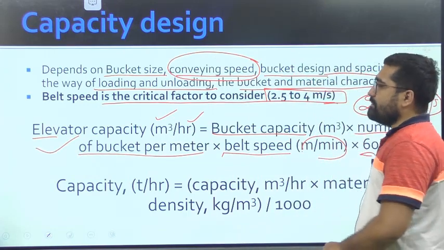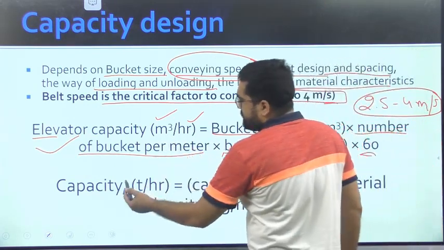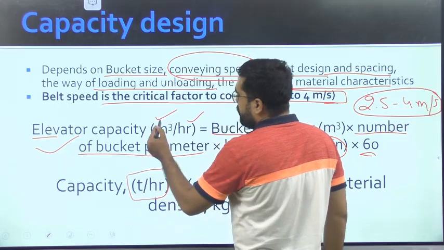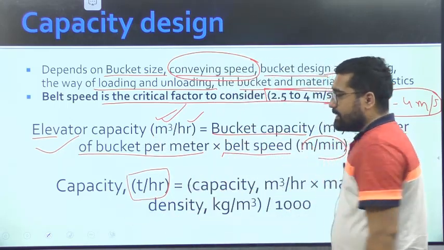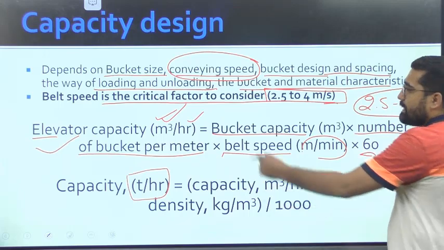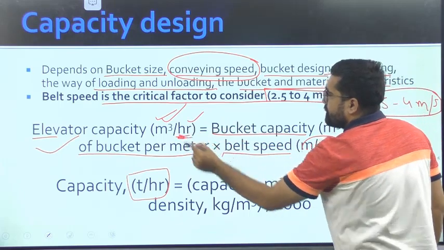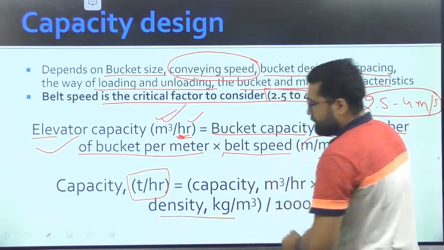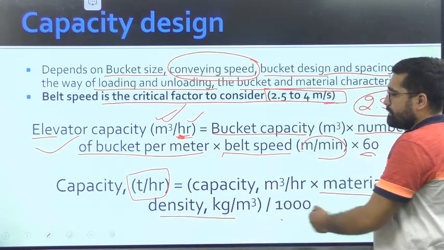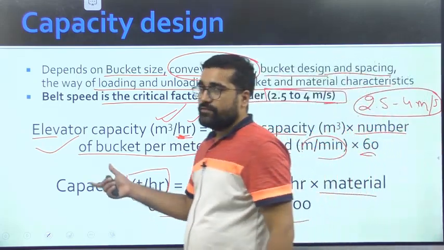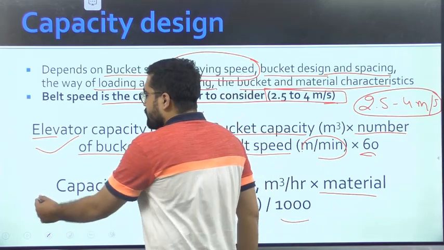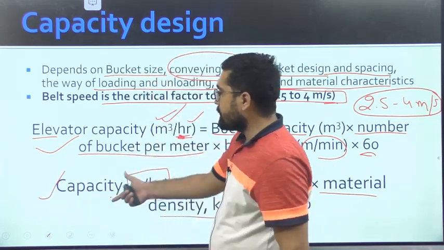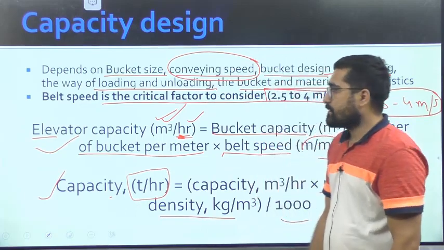This elevator capacity will give volume per hour. If we want it in tons per hour, then we have to multiply this capacity by the material density, that is, the density of the material, divided by 1000. This will give you the tons per hour capacity, because further onwards we will use capacity in tons per hour.